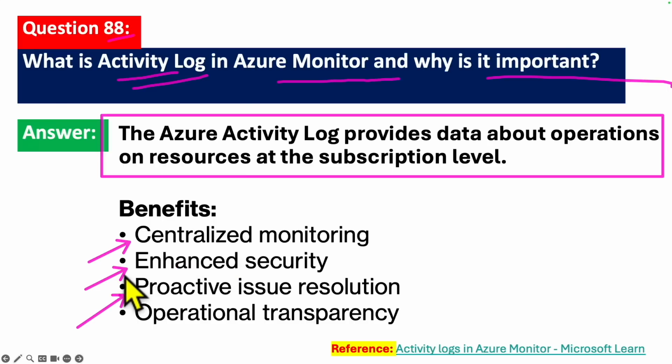Third, the Activity Log facilitates early detection of issues, allowing for quicker remediation and minimizing downtime. Fourth is operational transparency, because the Activity Log provides clear visibility into who did what and when, ensuring accountability and operational governance. Some of the points you can use to highlight its importance: the Azure Activity Log provides you an audit trail and compliance. It helps you troubleshoot resource behavior and it can help you detect suspicious activities as well.